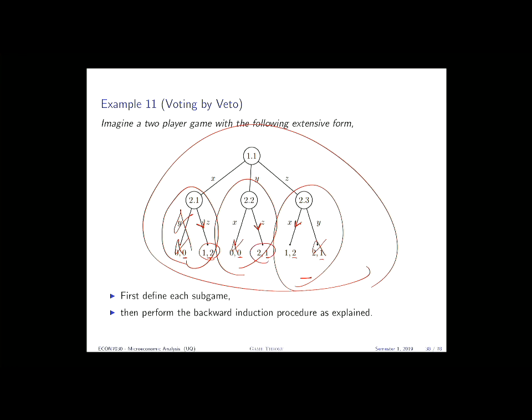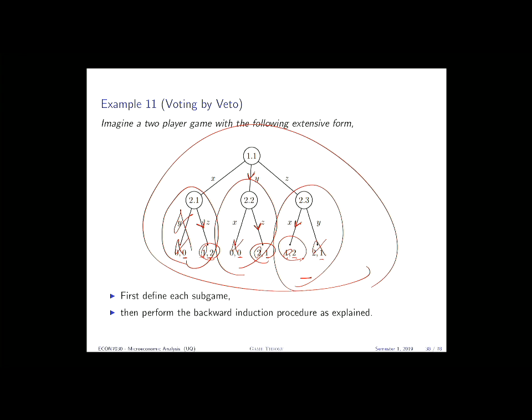And when player 1 plays Z, she will end up here. Now, what is the best response of player 1? It is Y, because 2 is larger than 1 and 1. So I'm going to draw another arrow here. So we found a subgame perfect equilibrium.